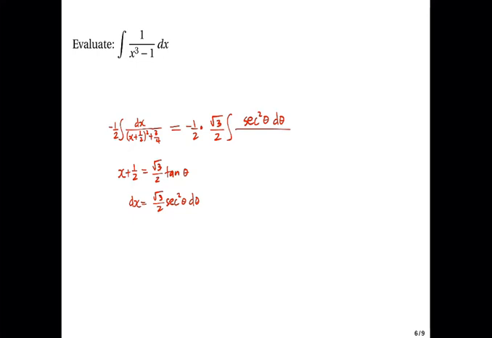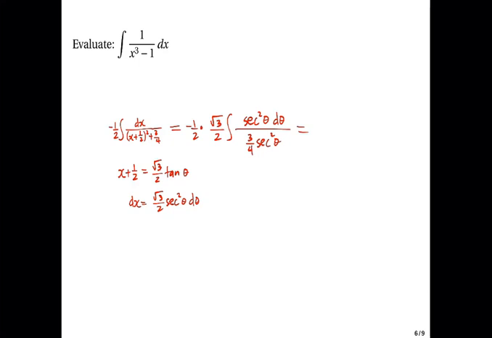So this will be 3/4 secant squared theta. Oh, it's just arctangent. We should have skipped this part. We can just write the arctangent of something. But anyway, since we're here already, this is now equal to what?